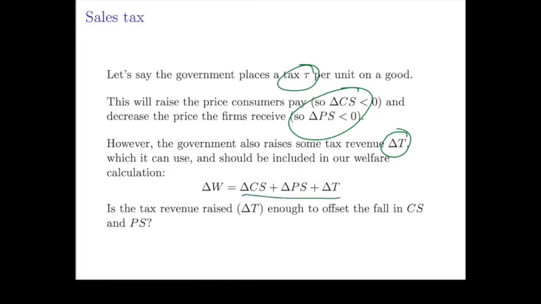So the change in welfare, delta W, is the change in consumer surplus plus the change in producer surplus plus the revenue that the government generates. So the question you want to ask here is: is this government revenue going to offset the loss in producer and consumer surpluses? Let's see if that happens.